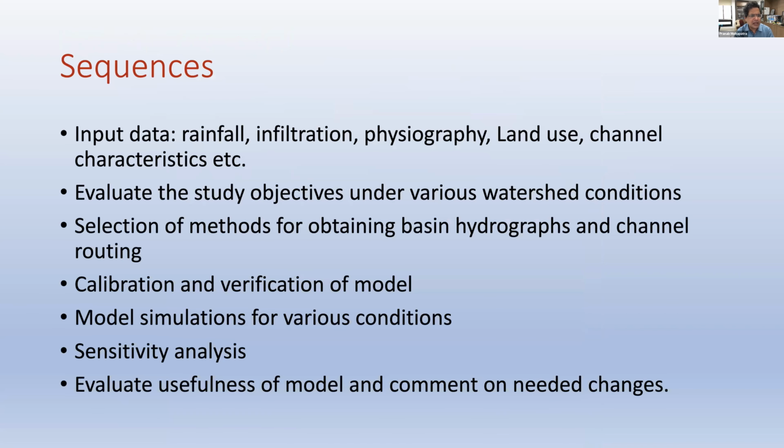So this is the sequence we usually use in hydrological modeling. We first choose the input data. You may have to do a lot of exercise to collect the data. You may have to go to this office, that office. These days, it is a good thing that many of these data are available on the net. For example, rainfall is usually available. Then evaluate the study objectives under various watershed conditions.